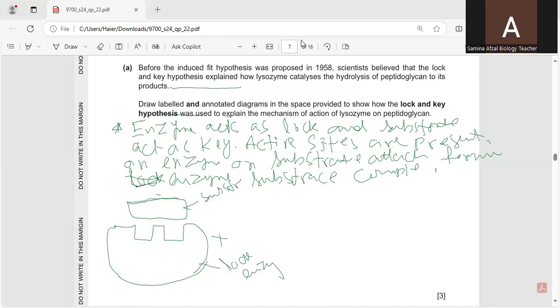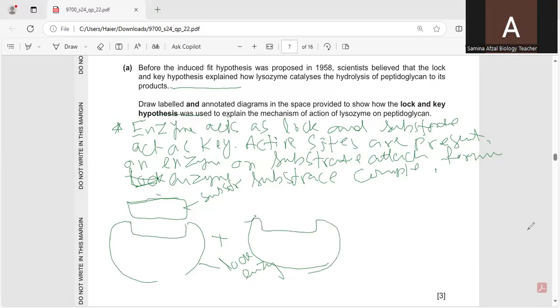So what will happen? In this way, they will attach with one another and they will form the enzyme substrate complex.